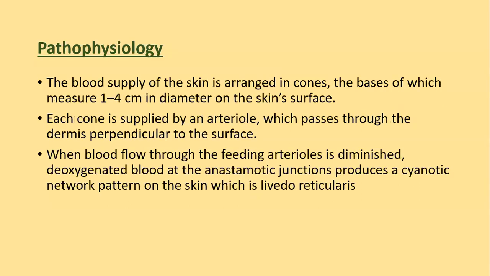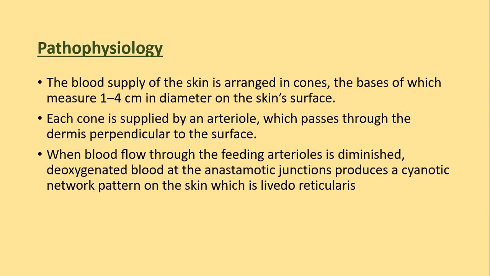Pathophysiology. Blood supply of skin is arranged in cones, base of which is measured as 1 to 4 centimeters in diameter on the skin surface. So the base of the cone is on the skin, while the tip of the cone is below, from where an artery is supplying that area of the skin.